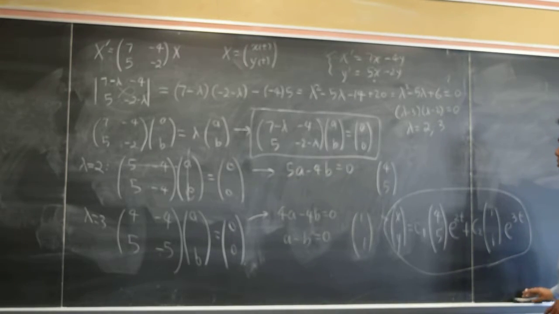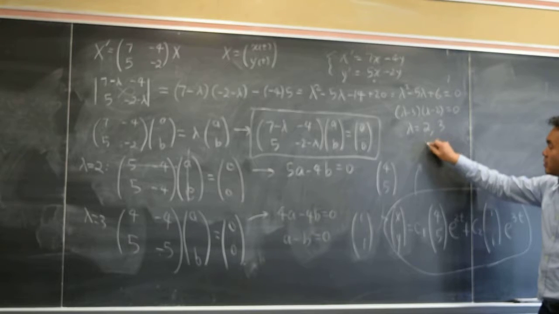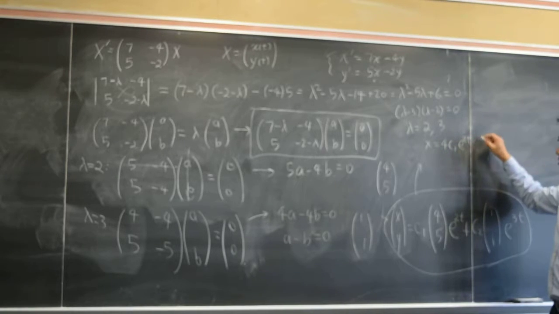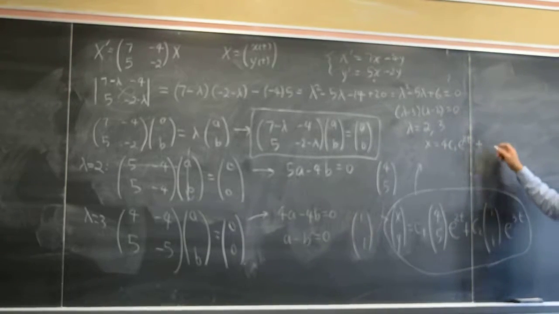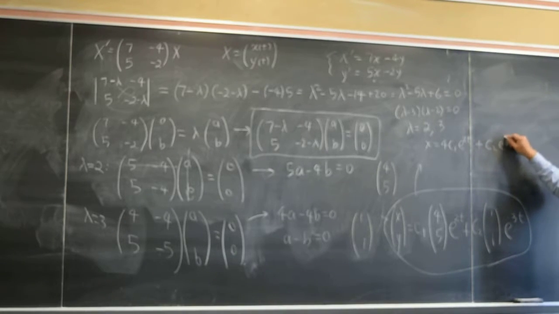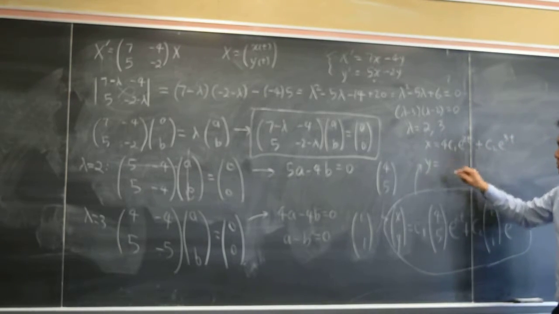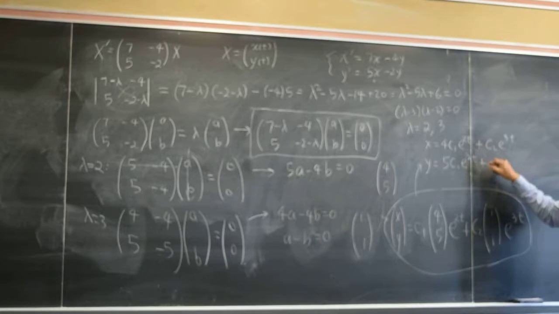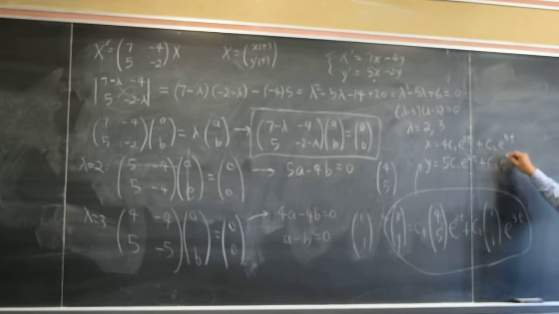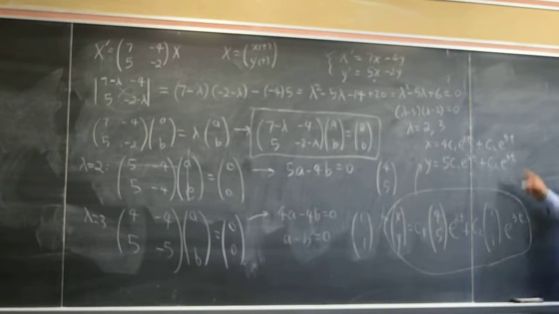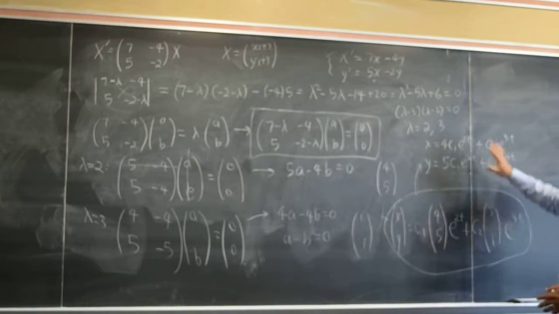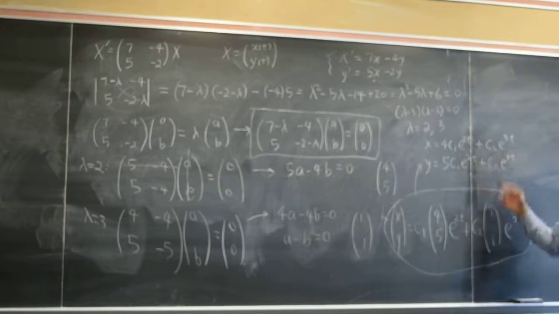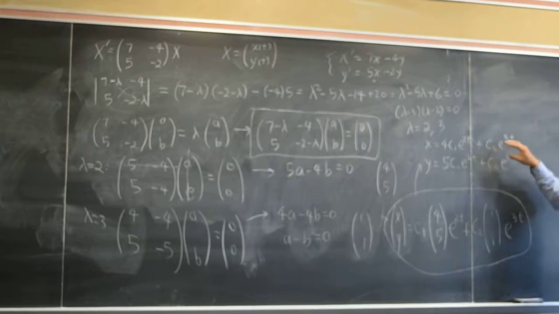So x is 4c1 e to the 2t plus c2 e to the 3t, whereas y is equal to 5c1 e to the 2t plus c2 e to the 3t. If you want to check, if we have the time, we can plug these into the left side and compare with the right side, and you'll see that they're equal. These two do satisfy the system.